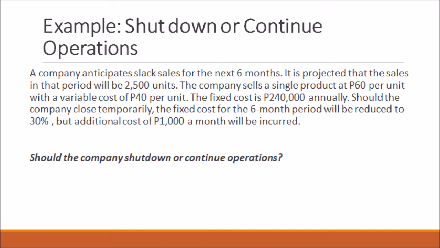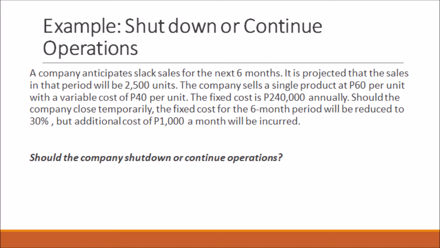Now, in answering this problem, we have to first identify the important information in our decision. The demand is 2,500 units, a projected number of units that will be sold for the next 6 months. The selling price is 60 pesos per unit, the variable cost is 40 pesos per unit, and the annual fixed cost is 240,000 pesos.